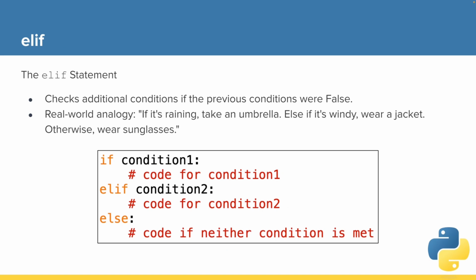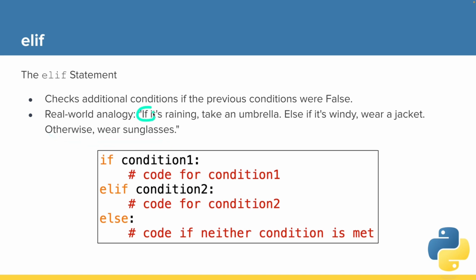Moving on to the elif statement. This, another reserved keyword, checks additional conditions if the previous conditions were false. For example, if it's raining, take an umbrella. Else, if, then we have another condition that it needs to match. It's windy, wear a jacket. Otherwise, all other conditions, wear sunglasses.